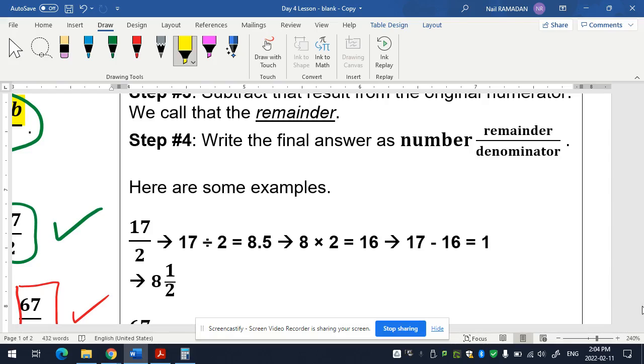Step number 1 says divide the numerator by the denominator. So 17 divided by 2 gives you 8.5. Did you get a decimal? I told you, every question from now on, you have to get a decimal. 8.5. What's step number 2?